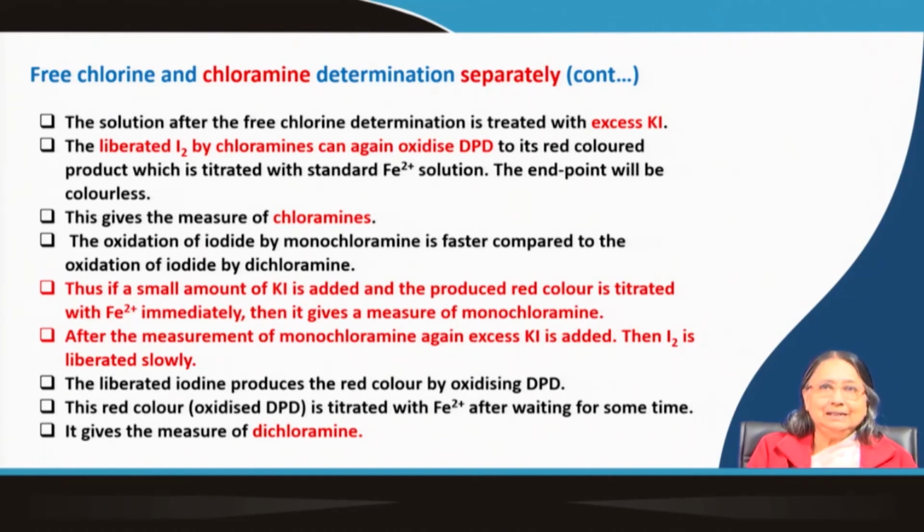If you add excess KI, then both chloramines together will come, but if you add a small amount of KI and immediately titrate, then you will get the monochloramine. DPD is there everywhere, so forget about DPD now. And if you use excess KI and allow some time, then dichloramine comes. So it is a very interesting method.